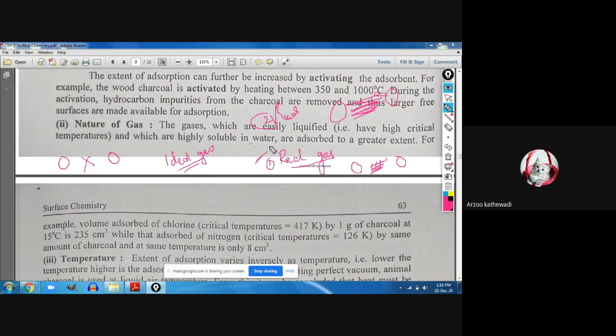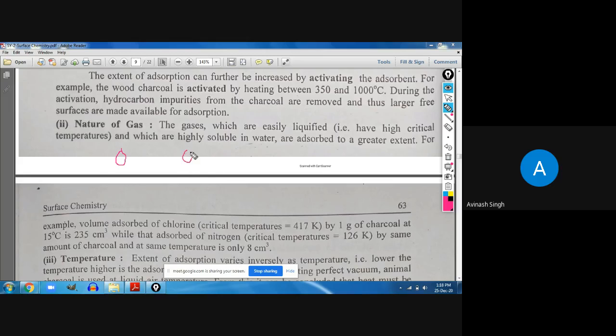Okay, now let me explain something, what happens when you convert a gas into liquid. See, now you have this gas. Let me talk of real gas first. So will there be interaction between them? Yes.